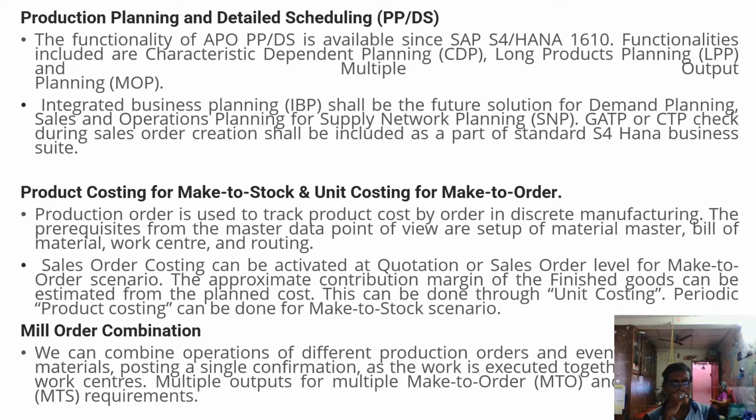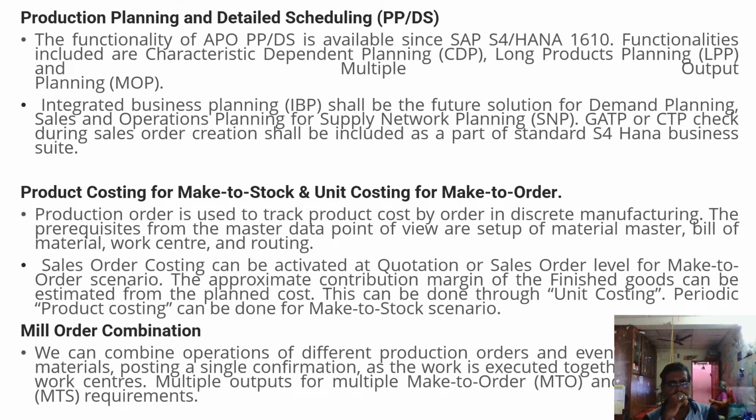Then come to product costing for make to stock and unit costing for make to order. Okay, so the production order is used to track product cost by order in discrete manufacturing. So the prerequisite from the master data point of view is the setup of the material master, bill of materials, work center and routing in case of discrete manufacturing.